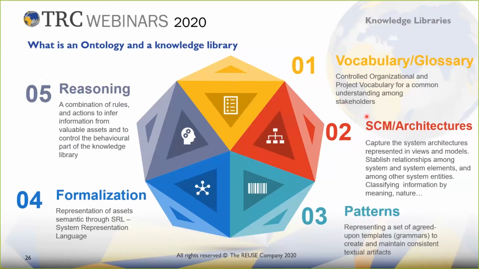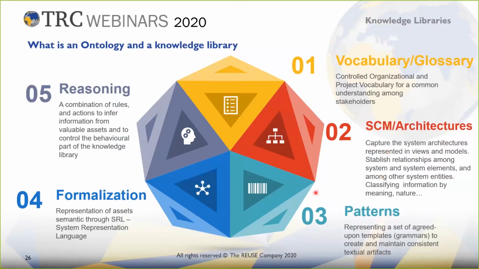Then on top of that, we have the second layer, where we establish the system conceptual model and the architectures. So we capture the system relationships represented in several views and models, and we are able to put together those vocabularies and start relating them to each other with relationships, classifying, making groups, and so on.